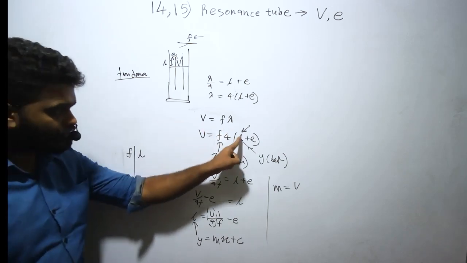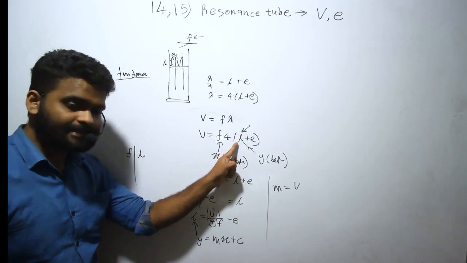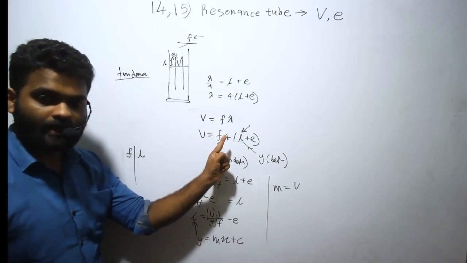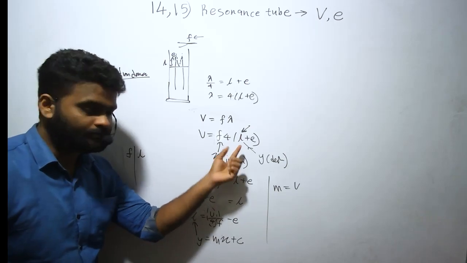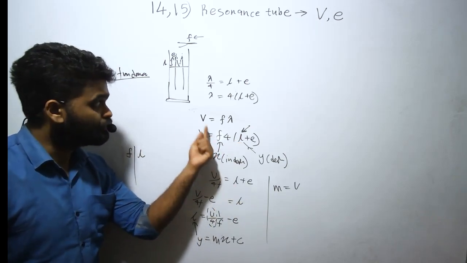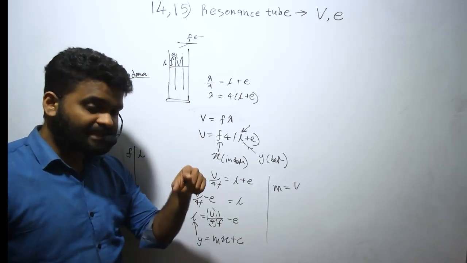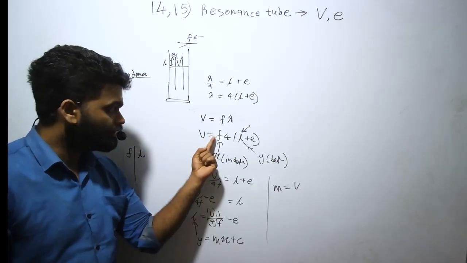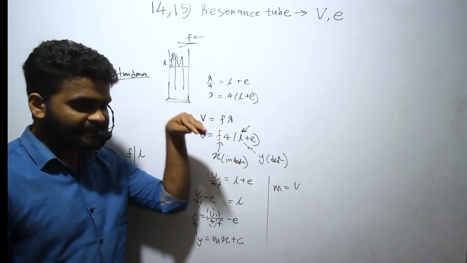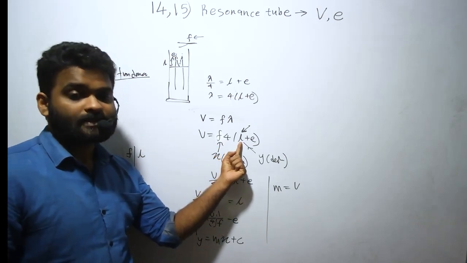For the highest frequency fork, you will have the least resonance length, because these are inversely proportional, right? You will start taking measurements from the highest frequency fork and go in descending order. So you will have the lowest length first, right?